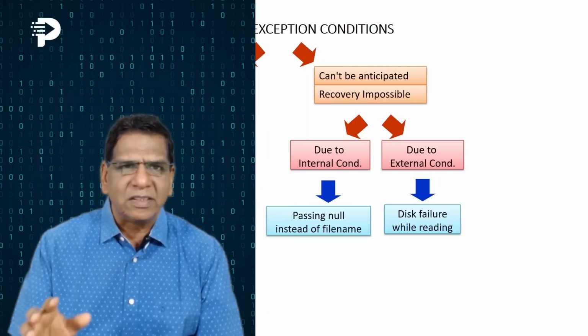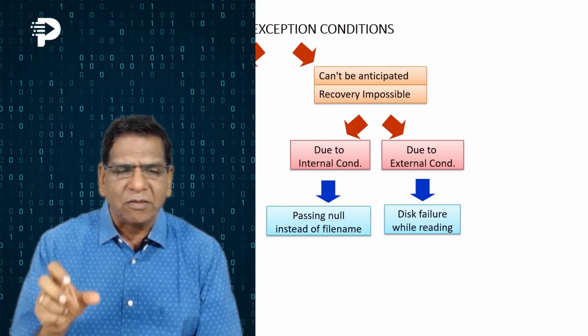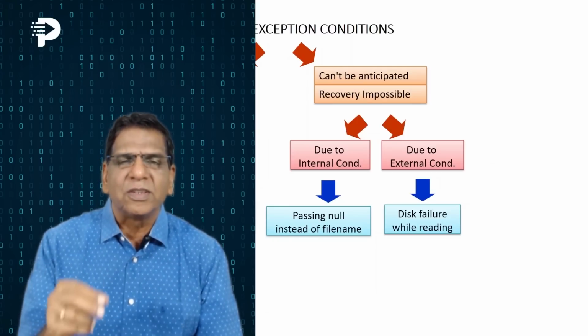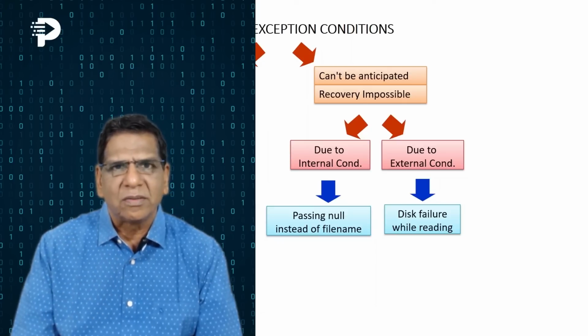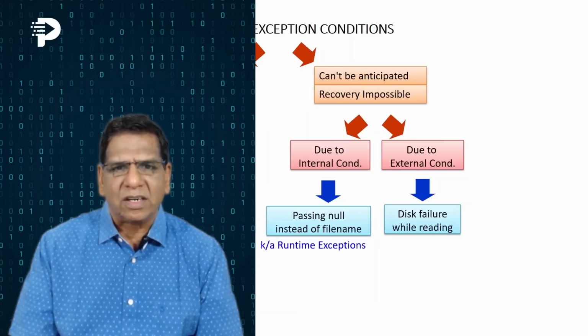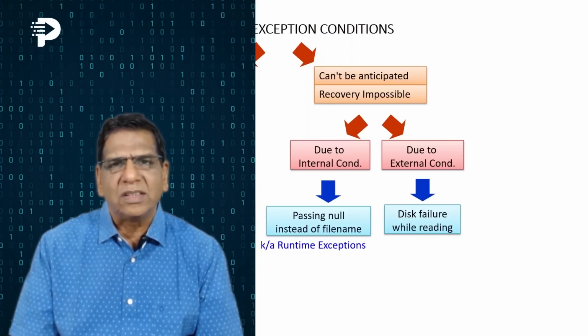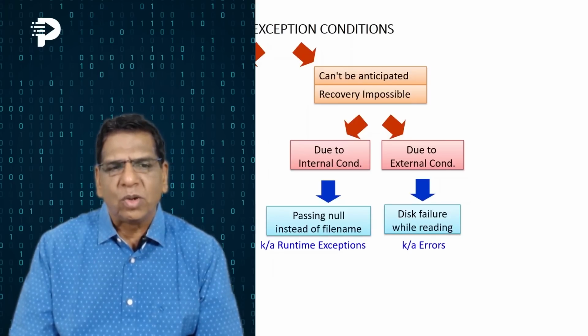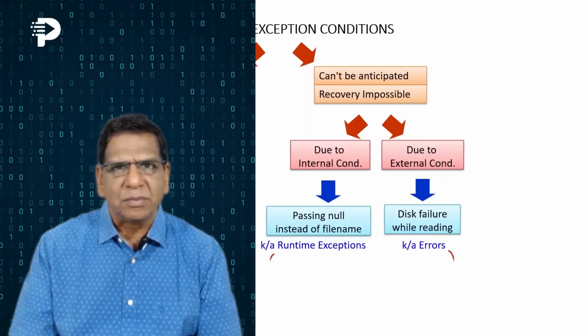So when I say checked exception, the meaning of that word check is that the compiler checks whether these exceptions have been handled or not. Whereas first category here is known as runtime exceptions, second is known as errors. And together they are known as unchecked exceptions.